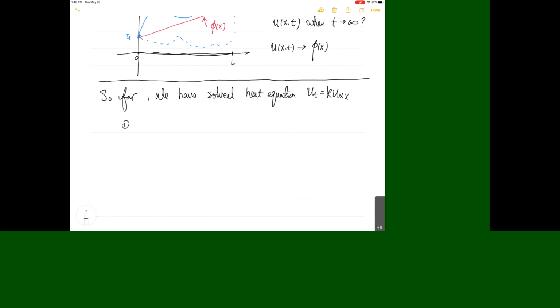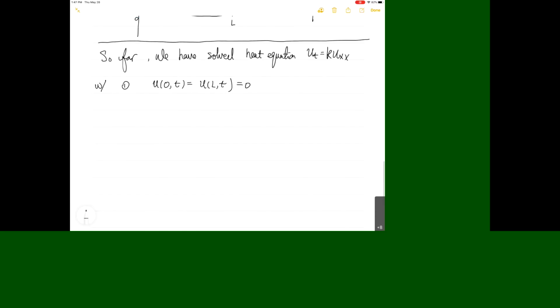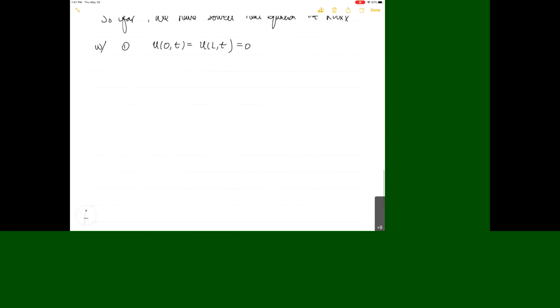So first, with u of 0,t equals u of L,t equals 0 condition. And the second one, okay, let me leave space. The second one is u sub x of 0,t equals u sub x of L,t equals 0. The derivative equals 0, all right?